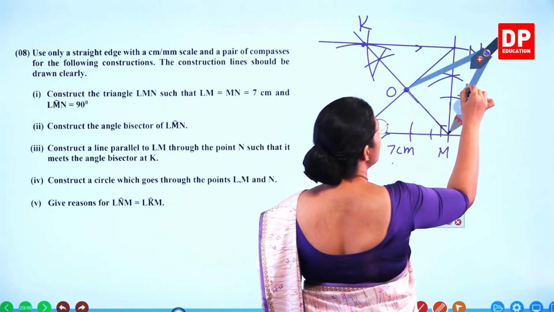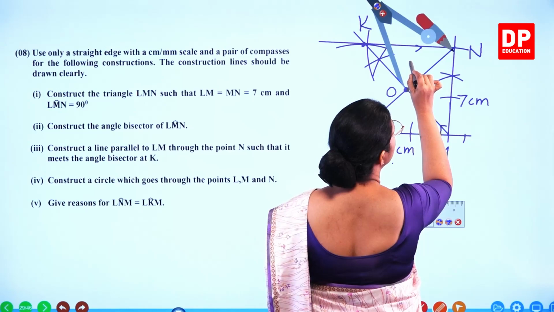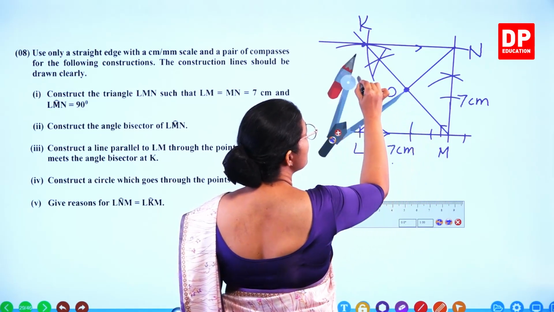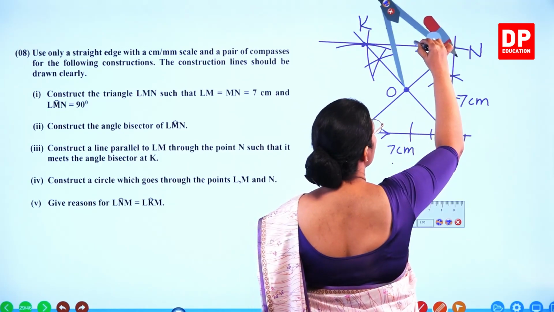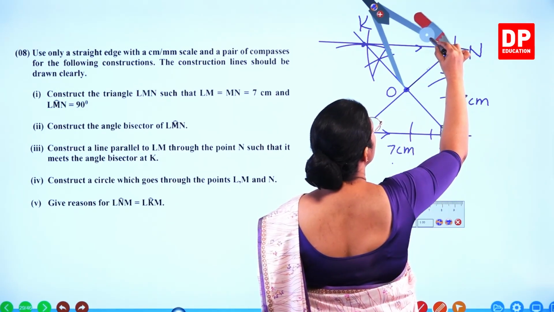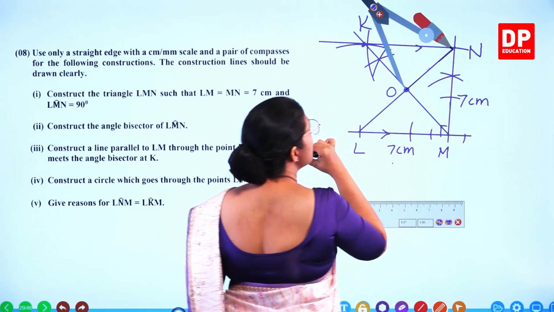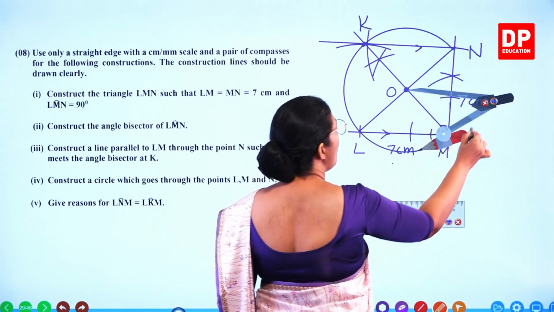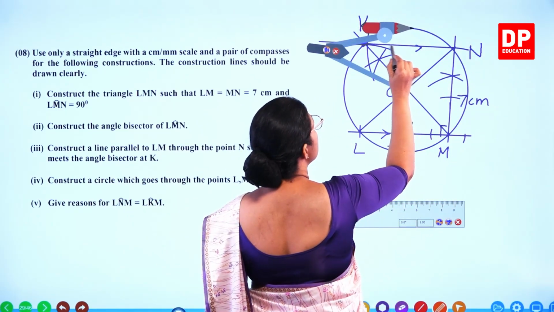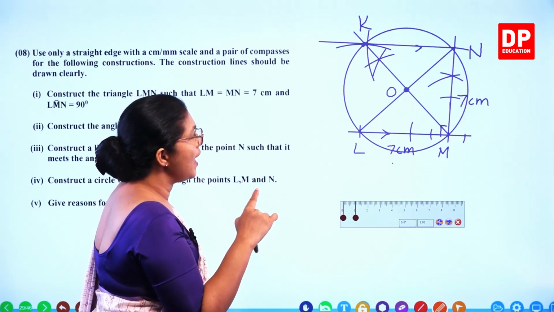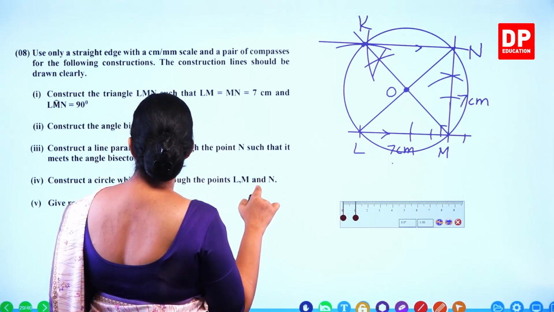So this radius should be the same as here as well as here. Can you see? So when you draw the circle, this circle should pass through all these 3 points. So here, that's the circumcircle of the LMN triangle.